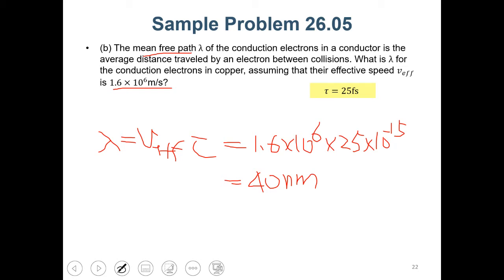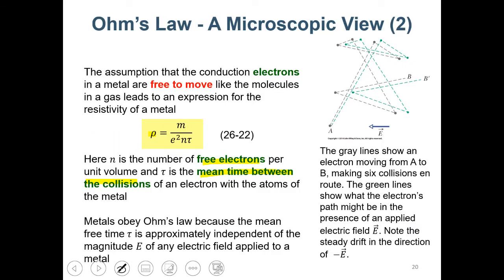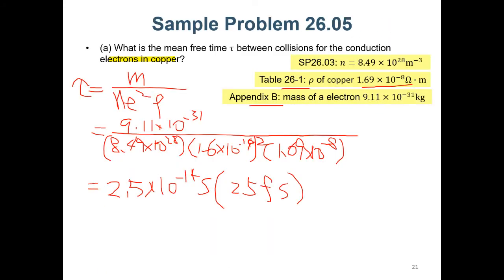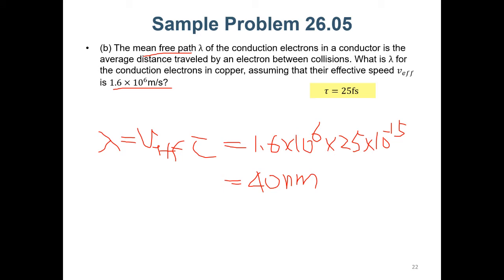It somehow makes some sense. Although, as we can see, we have made many assumptions here, and we may just ignore some of the factors. Actually, if you really consider it, this may not be really correct. If you need to consider the average speed, you may need to take a factor of a half, something like that. But this really makes some sense because you can imagine the lattice of the copper.